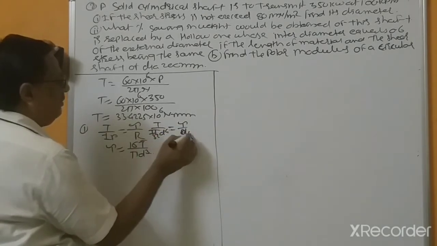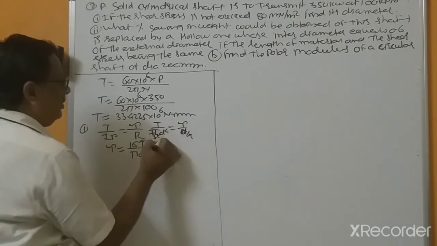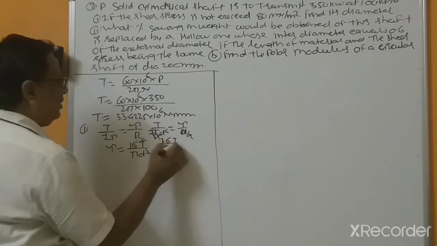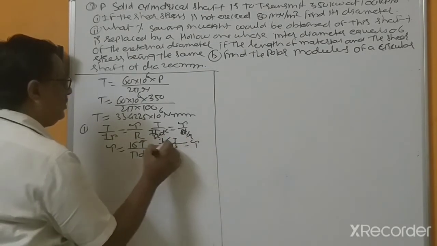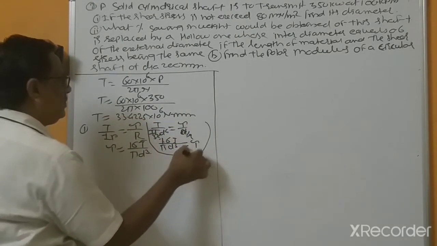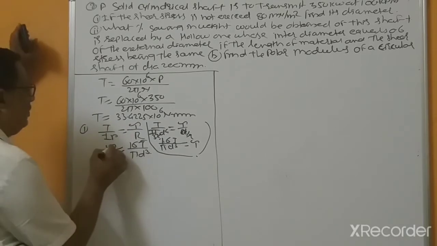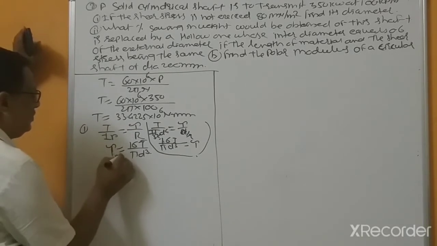So one d will get cancelled, and 16T divided by pi d cube is equal to tau. Try to understand, this is a popular formula for a solid shaft.